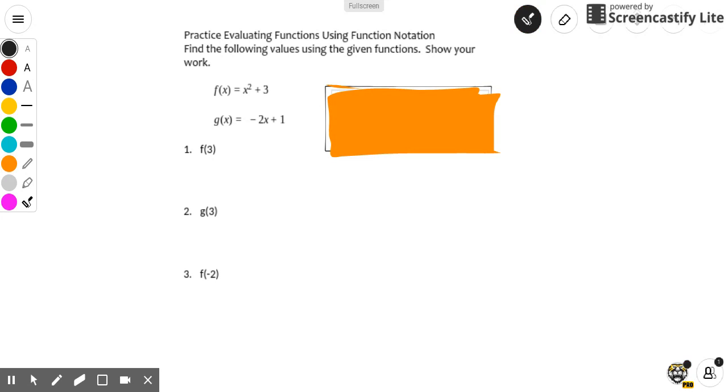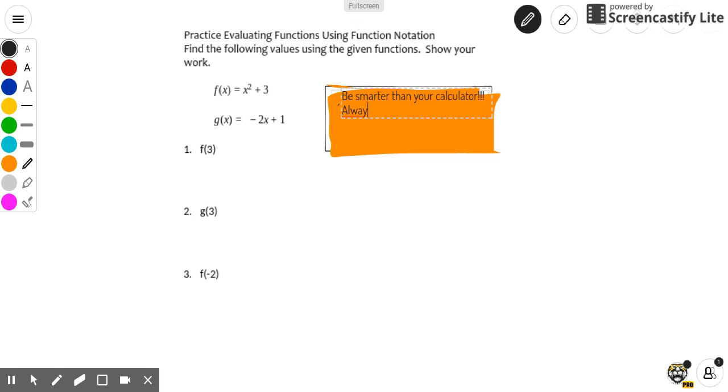Now, what I want you guys to write on here is I want you to be smarter than your calculator. Be smarter than your calculator. Actually, I'm going to type this so you can read it. Be smarter than your calculator.